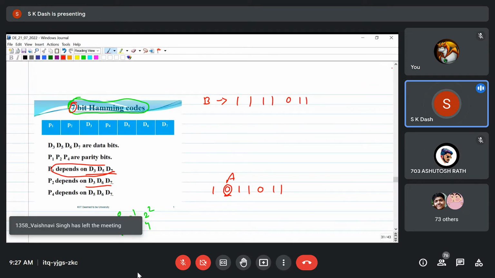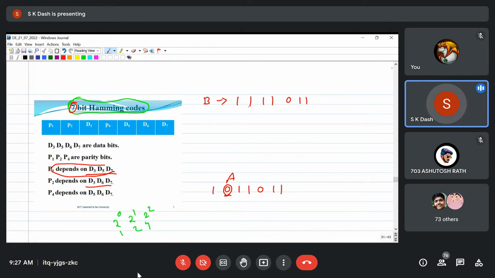Now we know as a third party that the error is there in place B, but the person in place B doesn't know that the error is in the second position. Let us try to find out first whether there is an error or not, and if there is, in which position.